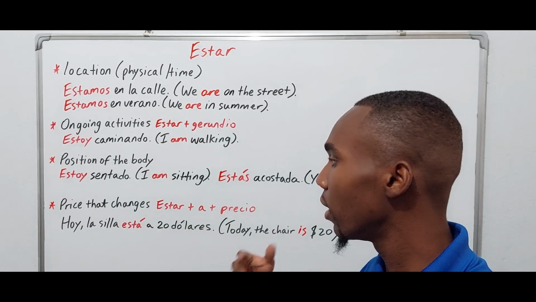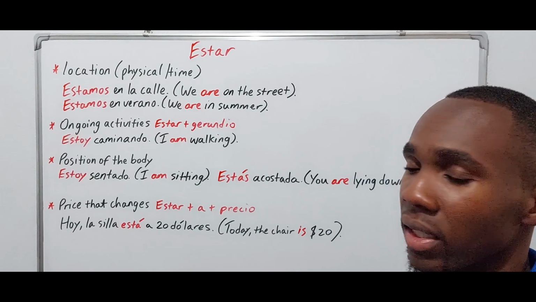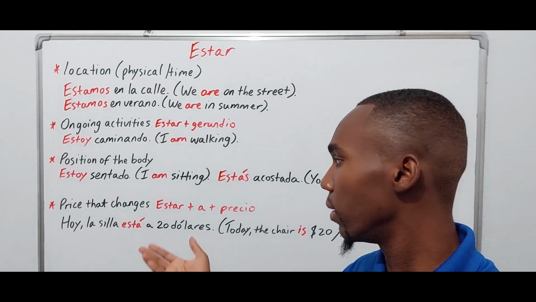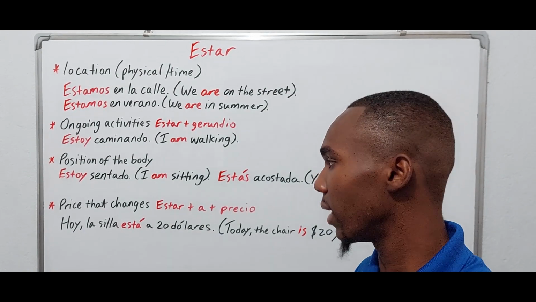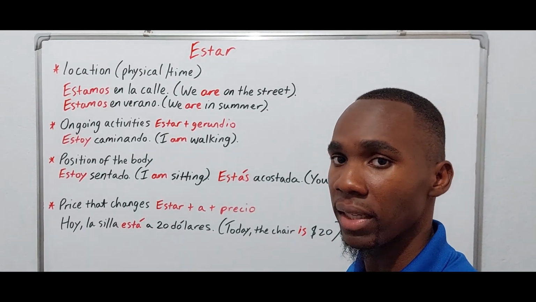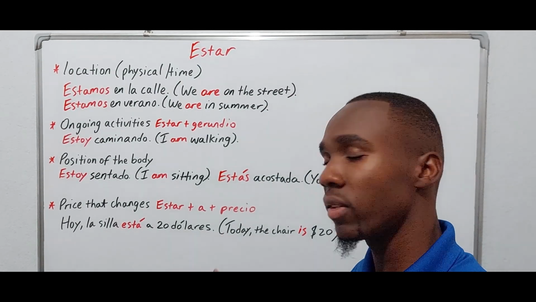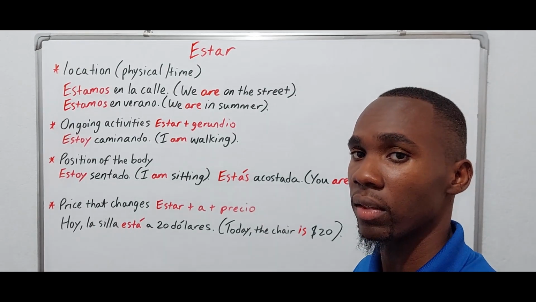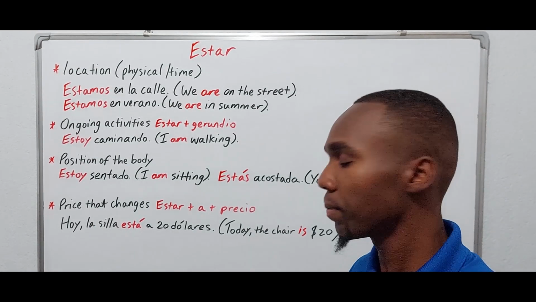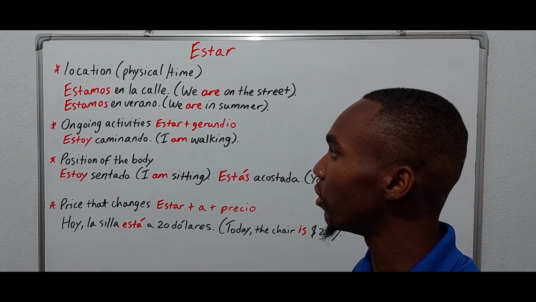So hoy la silla está a $20. So again, that would mean the same thing as ser, in that it would mean hoy la silla cuesta $20 or la silla vale $20. But the meaning would be slightly different, in that with ser, that is permanent, and with estar, it is temporary. Okay? So these are the contexts in which estar is used.